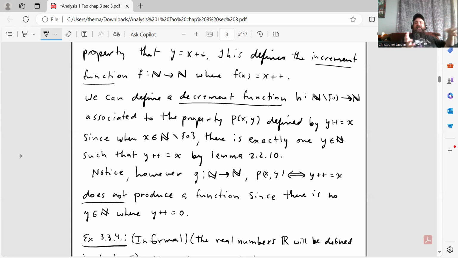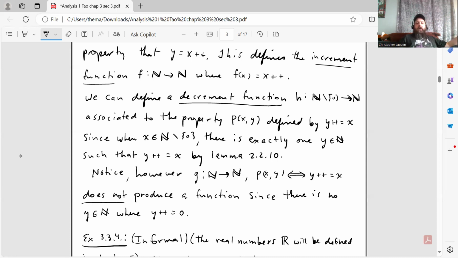So in other words, x is the successor of y, so y is the predecessor, I guess you could call it, of x. Since when x is an element of the natural numbers minus {0}, there's exactly one y in N such that x is the successor of y by Lemma 2.1.10.